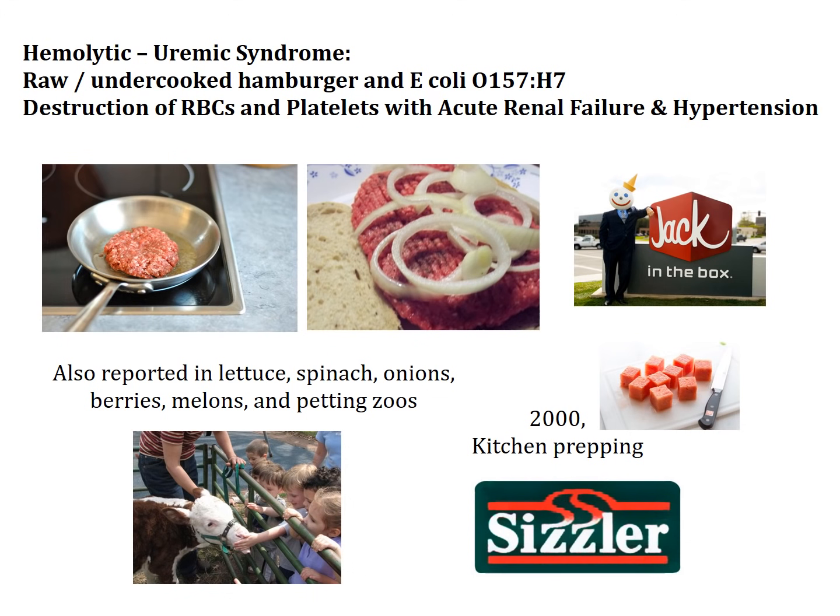That type of E. coli elaborates protein toxins that lead to the destruction of both red blood cells, the hemolytic component, and platelets. So red blood cells drop, platelets drop, and then these proteins are also toxic to the kidney. That's the uremic portion of it. So these individuals now are destroying red blood cells, destroying platelets, and going into acute renal failure.